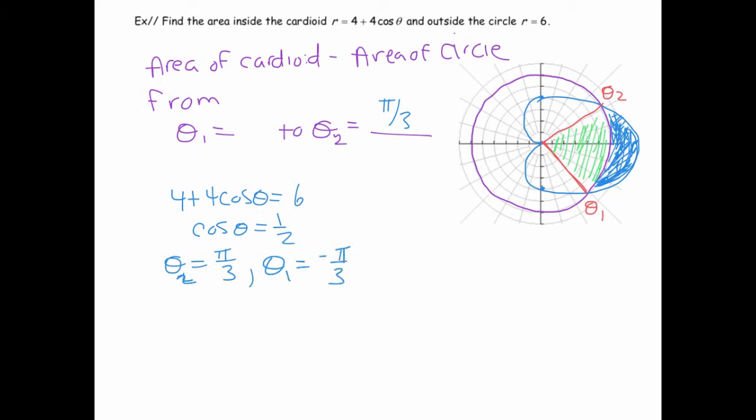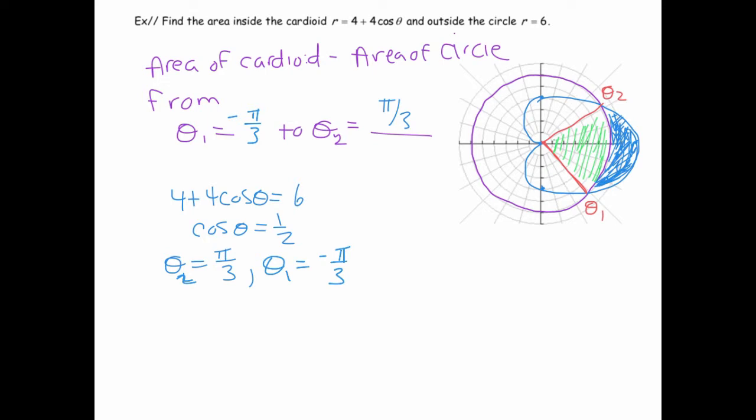If you call it 5 pi over 3, you'll be integrating from 5 pi over 3 to pi over 3, which is integrating backwards in some sense, and you're going to get a negative answer, because the angle 5 pi over 3 comes later than pi over 3. But if you write it as negative pi over 3 to pi over 3, then you should get the area we want.